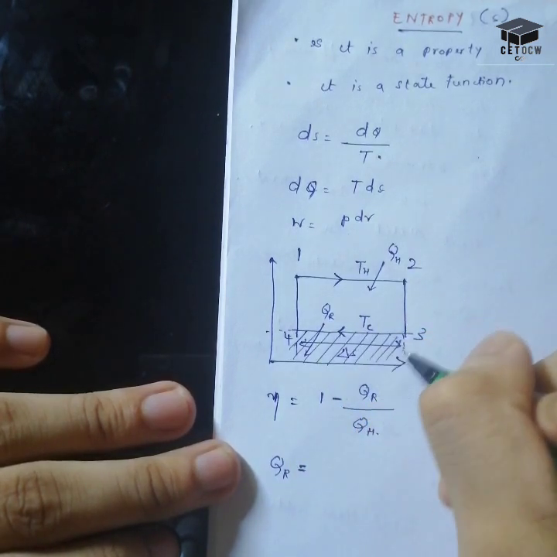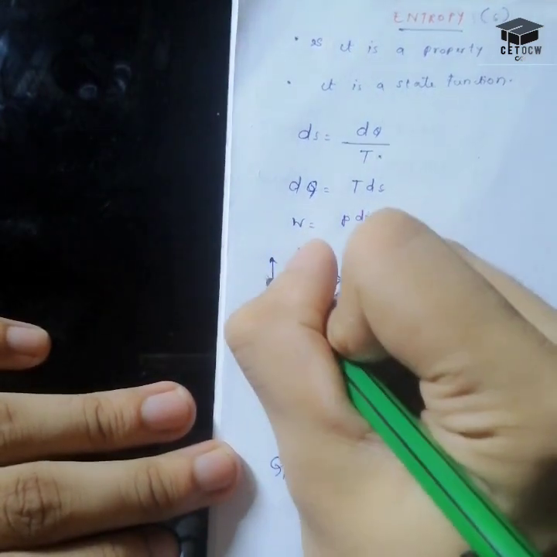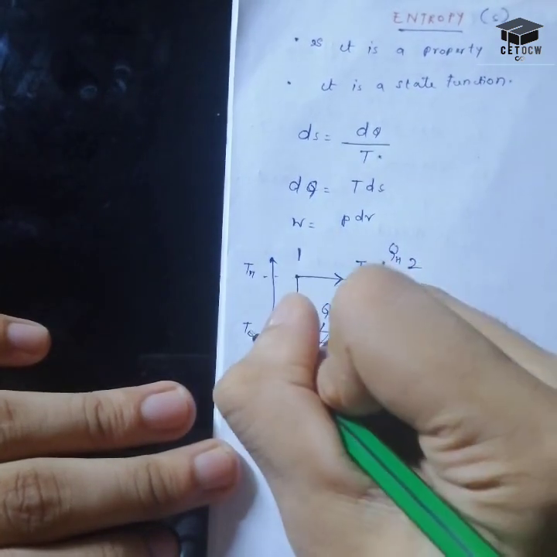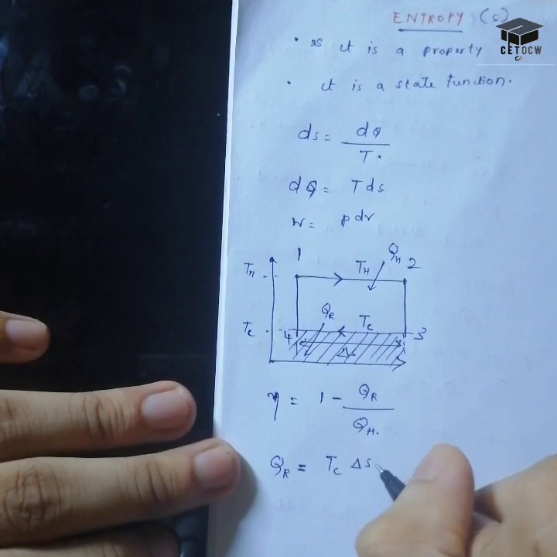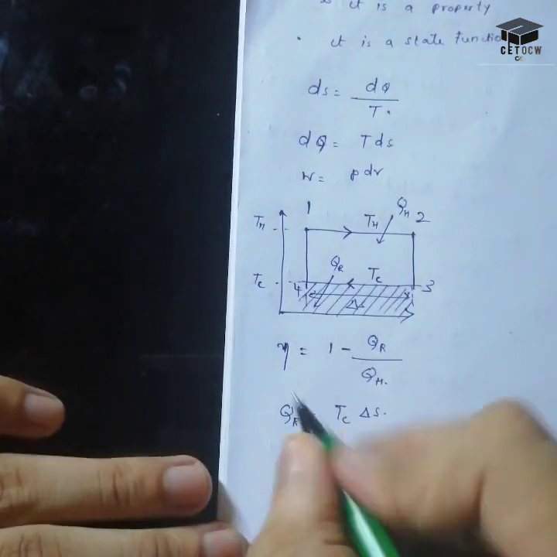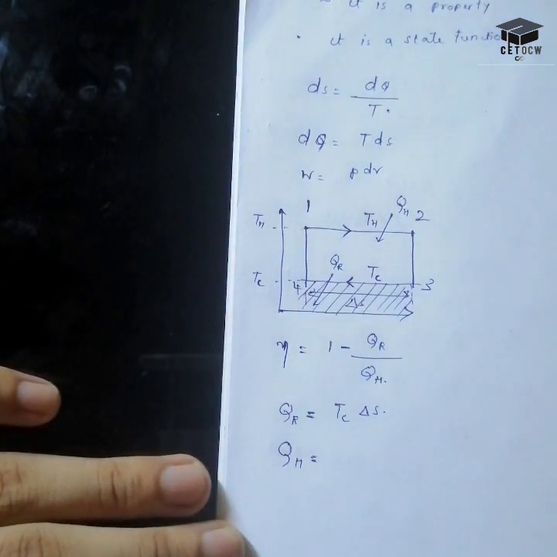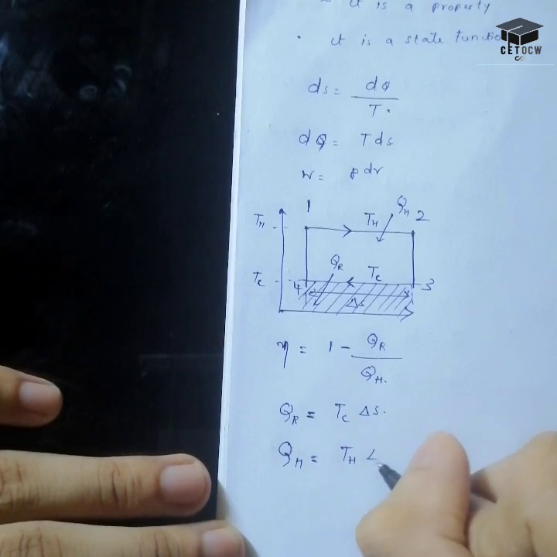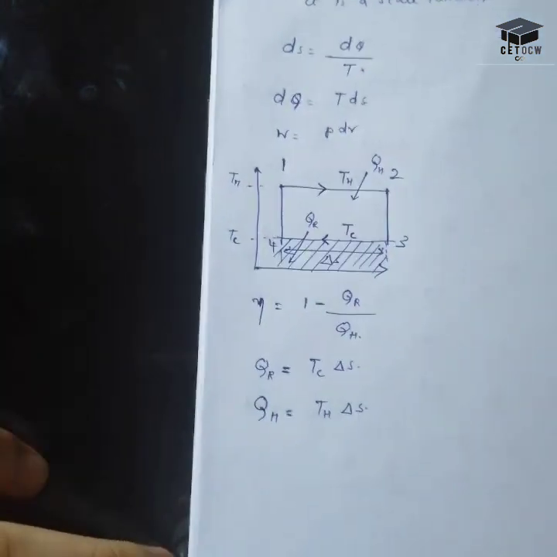This is the value of heat rejected out, that is TC into delta S. Similarly, the heat added QH is equal to TH into delta S. This is the value of heat added.